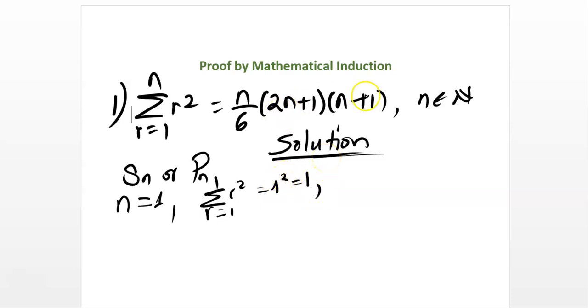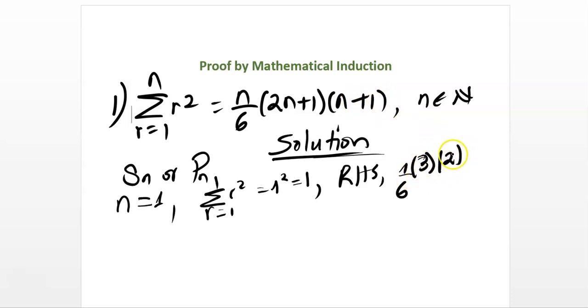Now when n is equal to 1, the right hand side is substituted here. We are going to have 1 over 6 bracket 2 into 1, that's 2 times 1 since n is 1, 2 plus 1, 3, into 1 plus 1, which is 2.